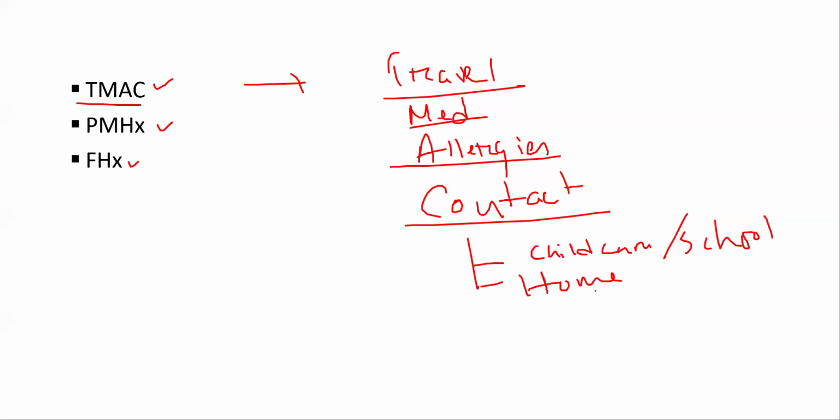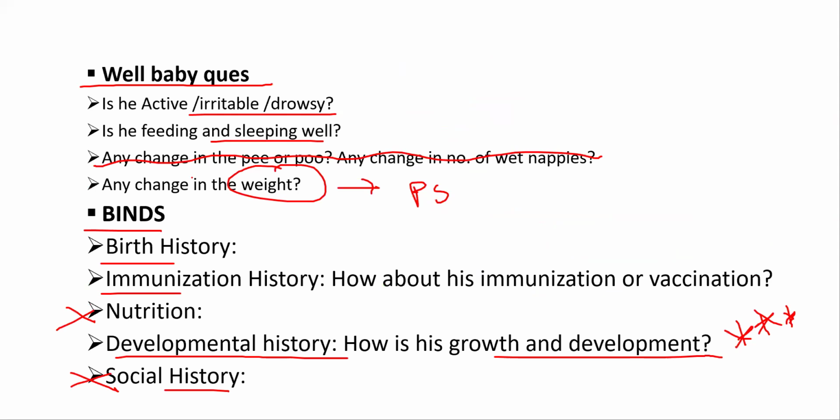So that's TMAC: travel, medication, allergies, and contact history. Then lastly, finish with any other past medical history and any family history of chronic conditions. That will be the end of your history. To summarize the format: first introduce that your child is vitally stable.